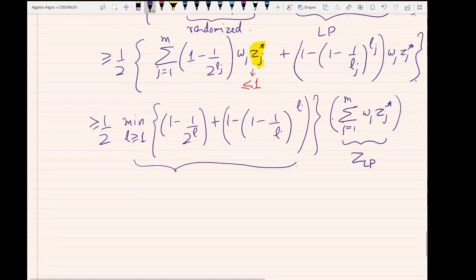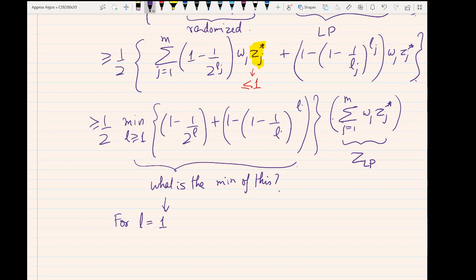So the way to do this is actually simple, that we can just enumerate over the possible values that L takes. Okay. So you just compute it for L equal to 1.